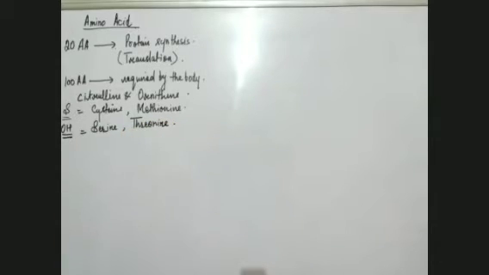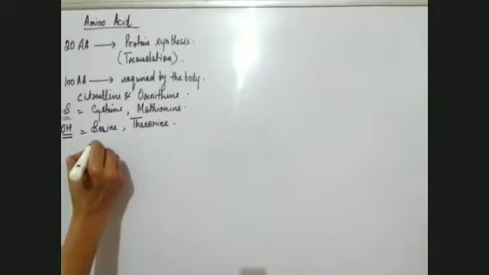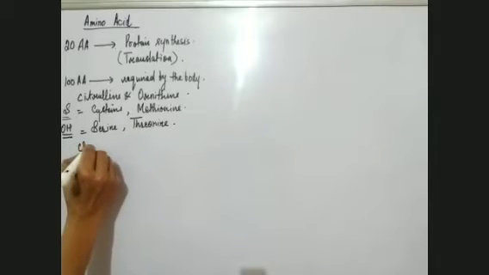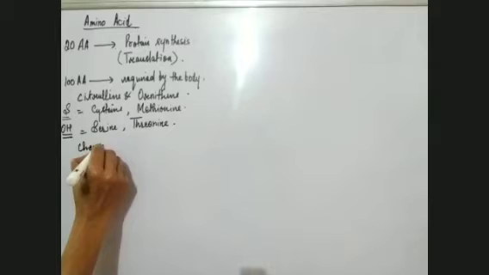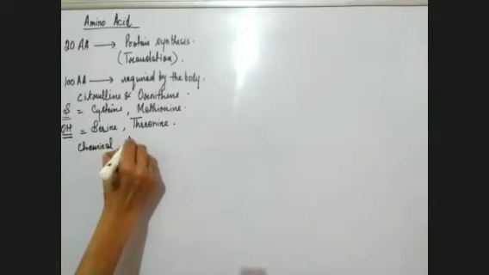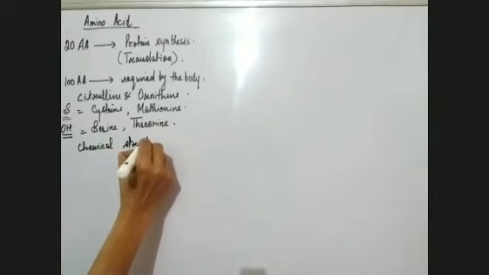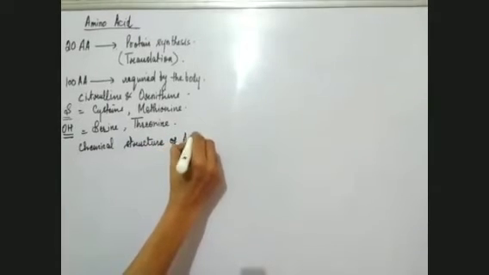Now, beta, yesterday I was about to start with the chemical structure of amino acids. Amino acid has a basic group and an acidic group.